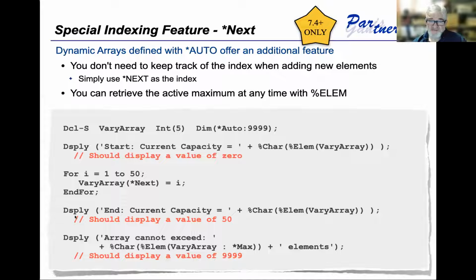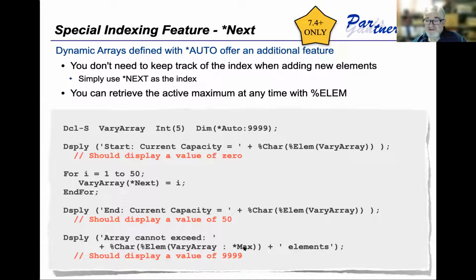Loop, loop, loop. Then we display current capacity and ask RPG to tell us how many elements there are now, and it should display a value of 50, because that's the highest index that we've used so far. We can also find out, if we want to, what is the current maximum. That's the sanity check value.